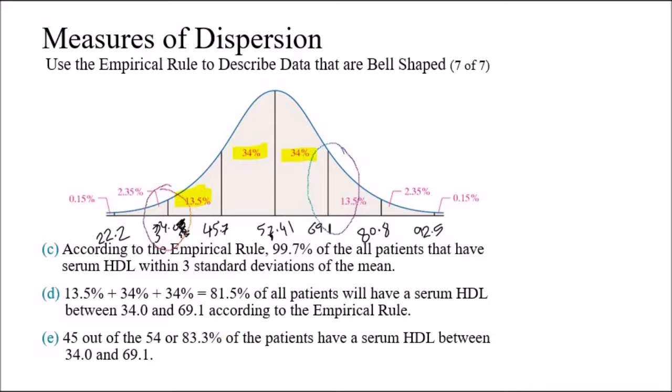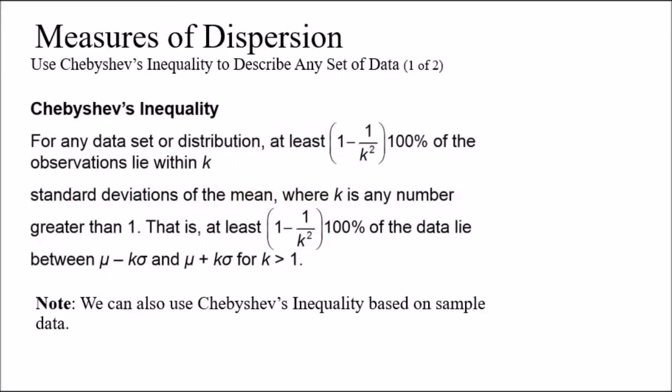And we're going to move on to the next concept, which is Chebyshev's inequality, to describe any set of data. We're not going to focus on Chebyshev's inequality since we're not going to be using it for many applications here, except for just to know it. What Chebyshev's inequality states is that for any dataset or distribution, at least 1 minus 1 over k squared times 100% of the observations lie within k standard deviations of the mean, where k is any number greater than 1.